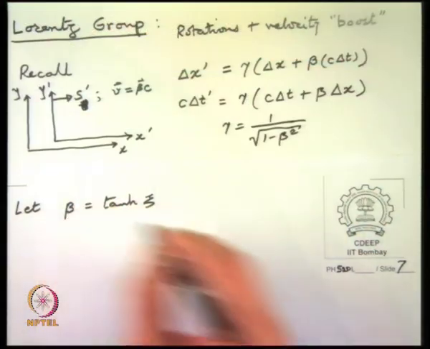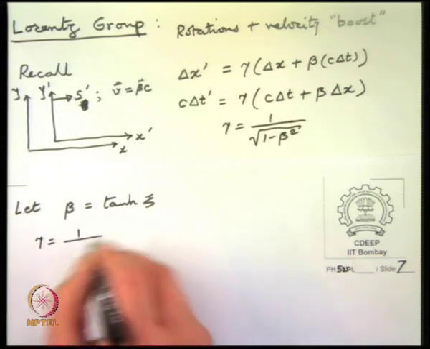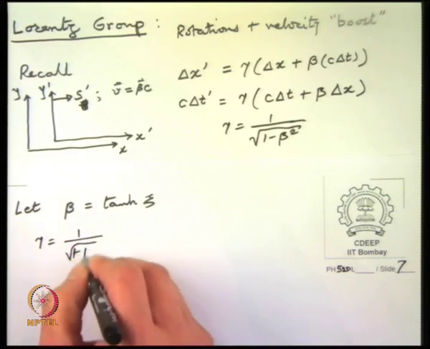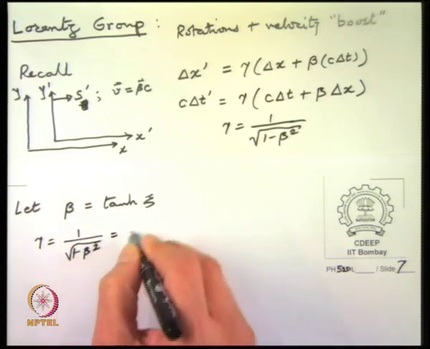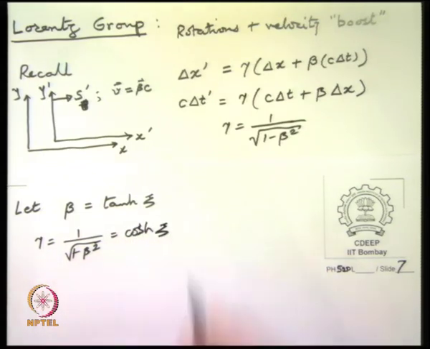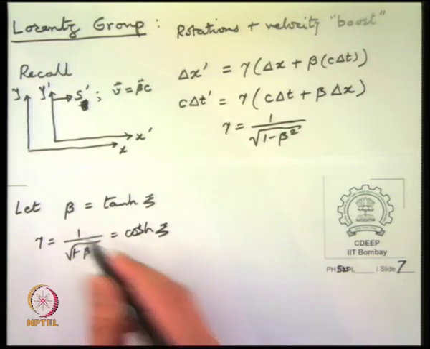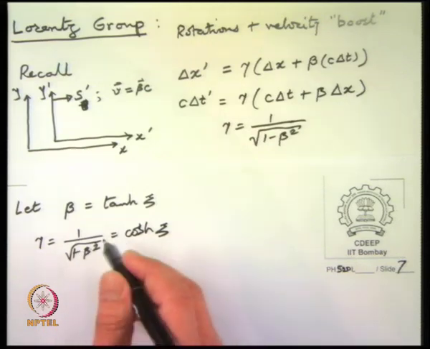What we are suggesting is that a better parameter to use is psi, which is tangent inverse of this, such that the gamma factor, which is equal to 1 over square root of 1 minus beta squared, becomes equal to cosh psi, because 1 minus tanh squared is 1 over cosh squared, so cosh will come in the numerator.